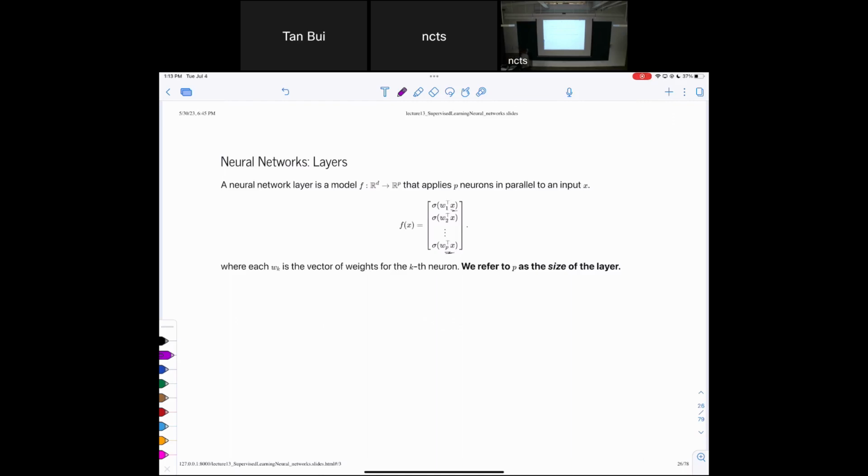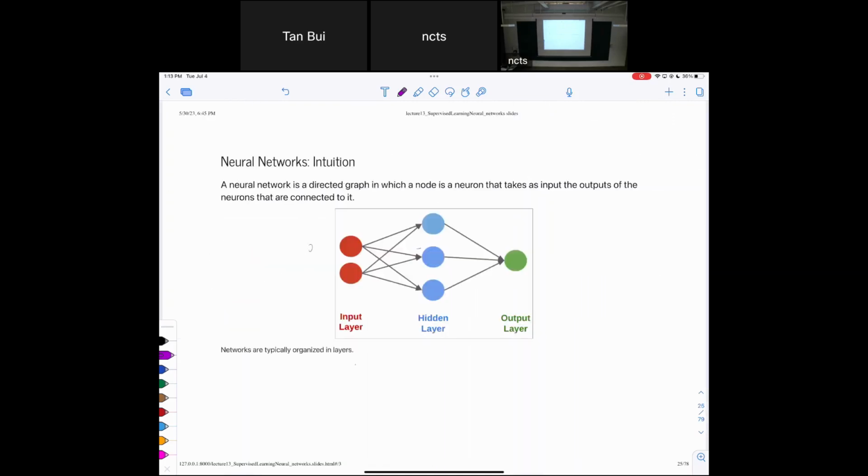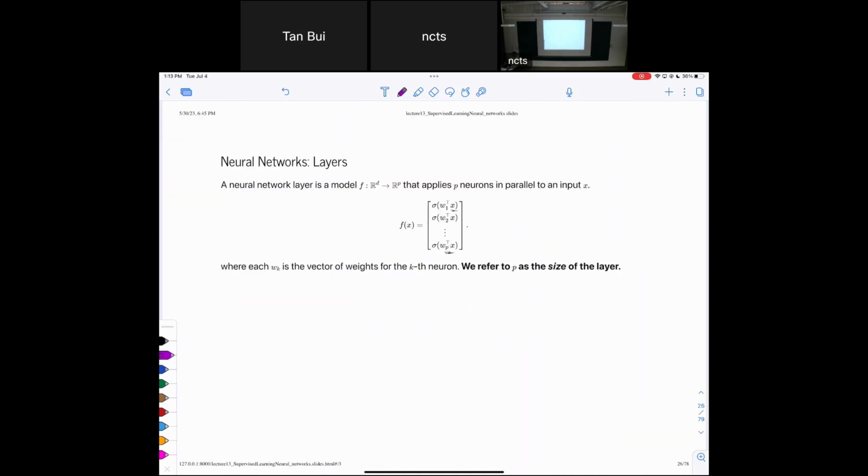Now we're going to look at the neural network, and remember that the activation function is there. We're still in one hidden layer in this case. In general, f, or the map, is from R^d to R^p. In our case, the x here is in R^d, and wi is also in R^d.